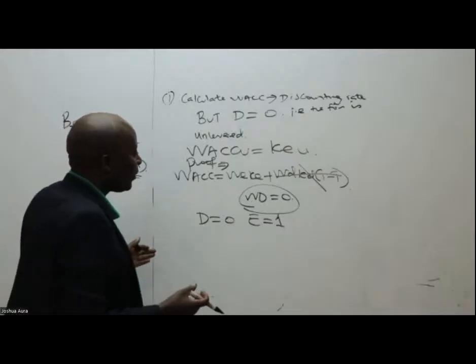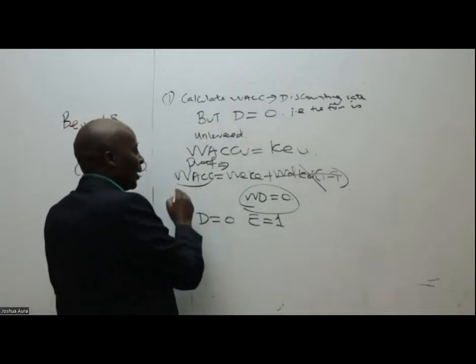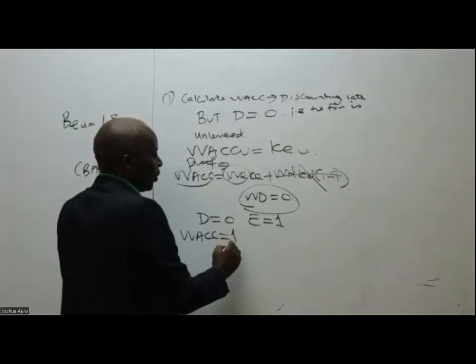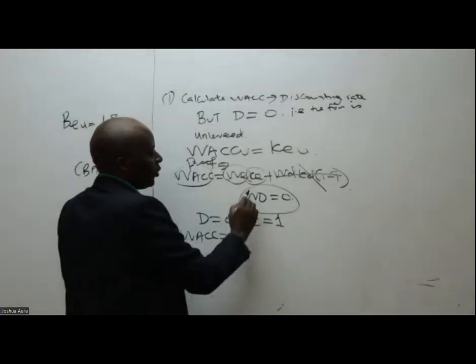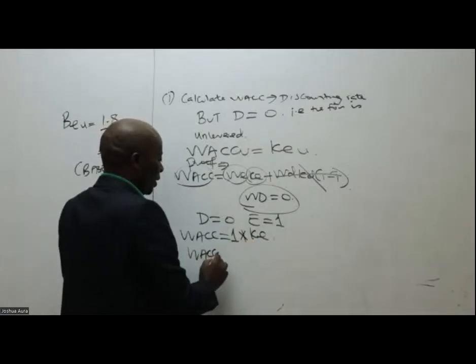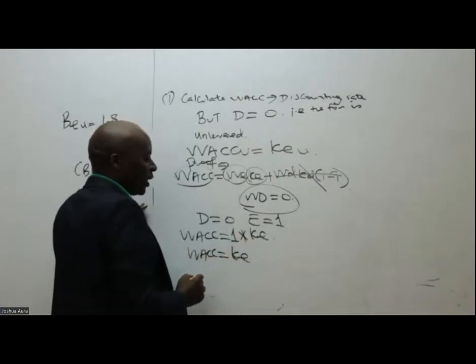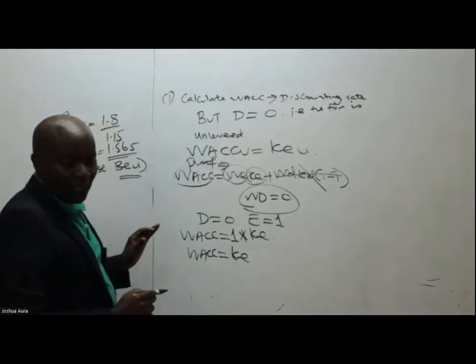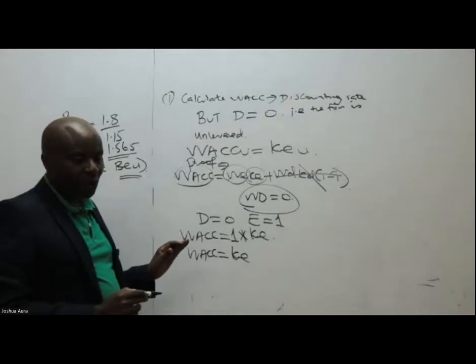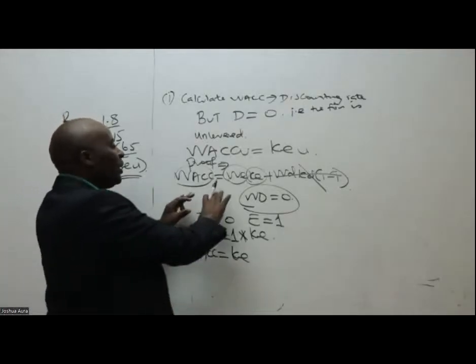So something very important happens: our WACC will be equal to weight of equity, which is 1, times cost of equity. So our WACC will be equal to cost of equity for unlevered organizations. For unlevered organizations, ladies and gentlemen, I don't need this derivation.